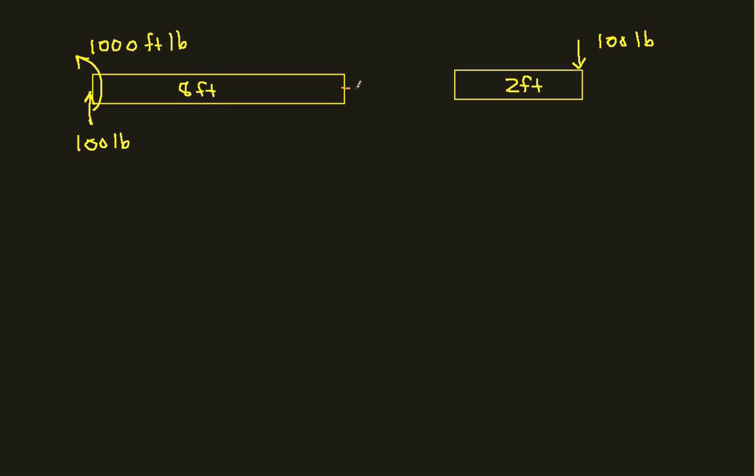Okay, let's draw our internal forces. We have tension, we have our shear force, and we have our moment, bending moment in this case, because it wants to cause the beam to bend.